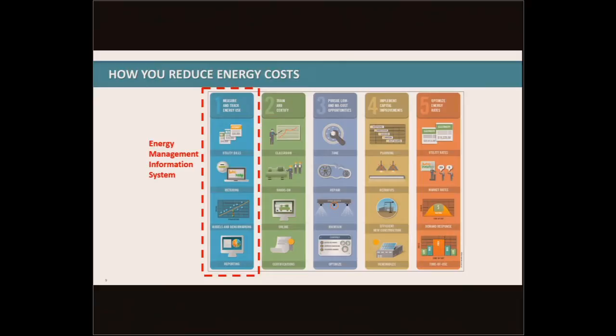Look for the ones with the better ROIs, 2, 3, 4-year ROIs, and start implementing those at the facility. And then lastly, look at optimizing your energy rates, talking to your utility, seeing if there's a better rate structure that you may qualify for that would result in lower cost. But this all starts with having the platform that can measure and analyze your energy.